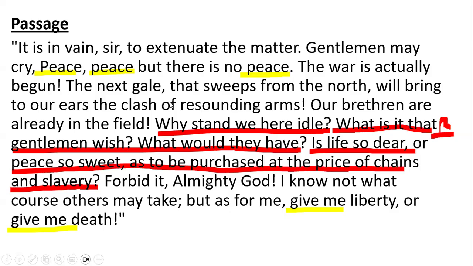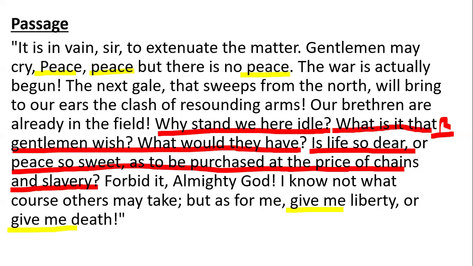Or a big storm. So he's saying that the next big thing that comes will be the clash of resounding arms. That means they are coming to attack us, whether we like it or not.